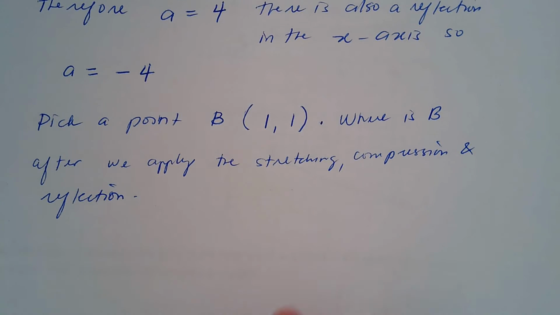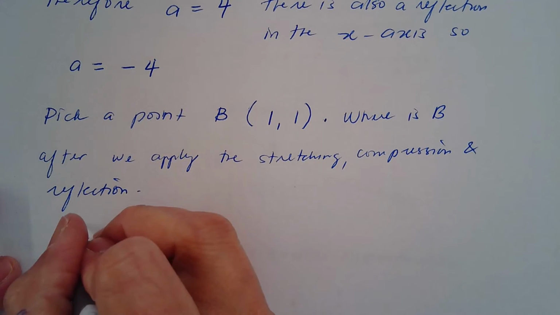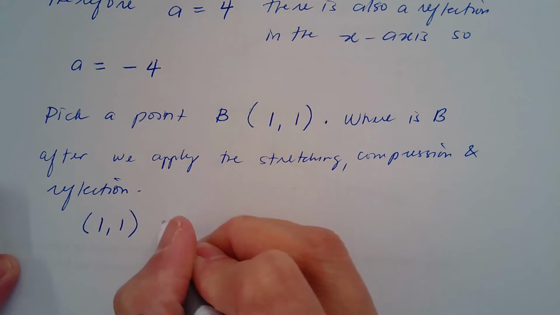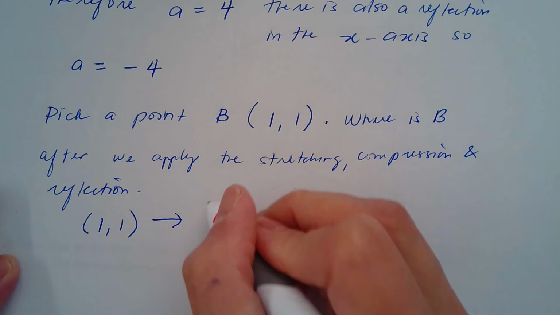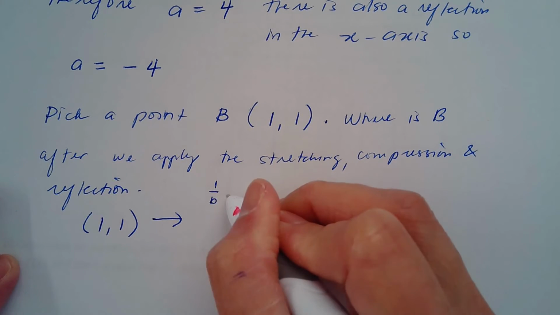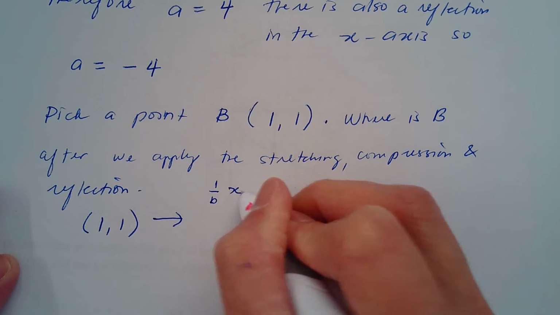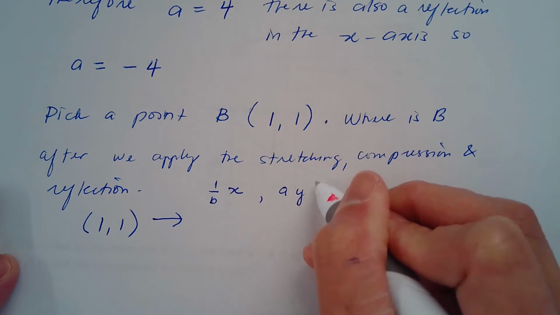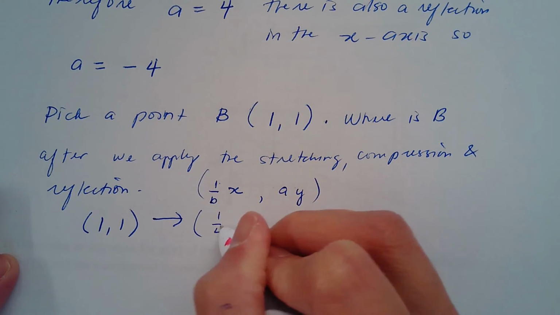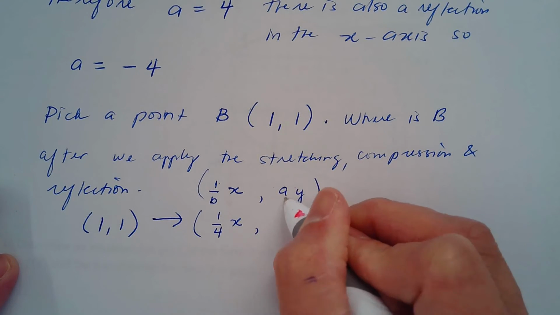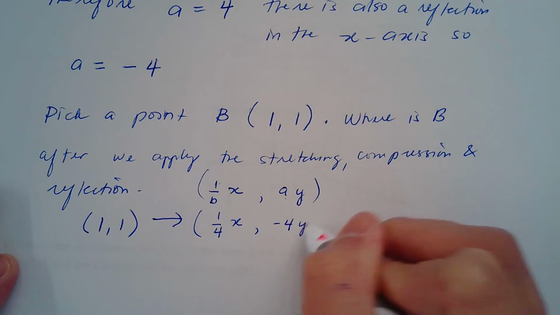So it used to be 1, 1. Now because B is equal to 1/4, it's 1 over B times X, and then A times Y. So 1 over B is 1/4 times X, and A times Y is negative 4Y.